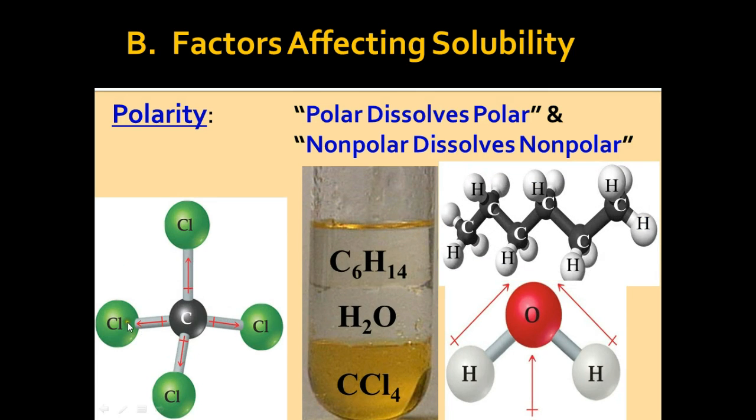And so here we have the diagrams, and so we can tell by these diagrams whether it's electronegative or polar or not. And so notice how CCl4, carbon tetrachloride, has four chlorine atoms pulling away, so it's nonpolar because all these poles cancel each other out.